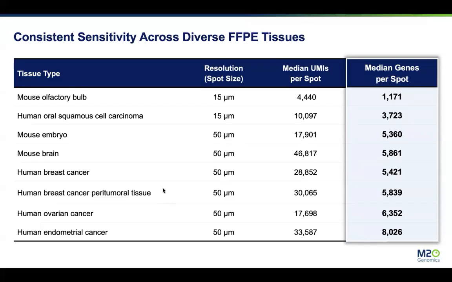This consistency was observed across diverse tissue types with different biological characteristics. At higher resolution, using the 15 micron workflow, we also maintained strong transcript detection. Both mouse olfactory bulb and human oral squamous cell carcinoma samples achieved more than 1,000 median genes detected per spot.